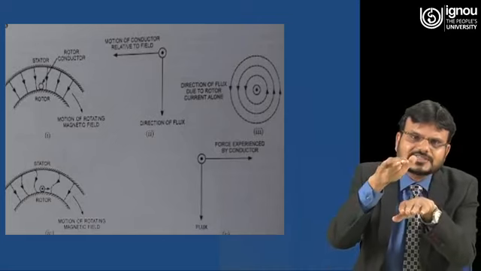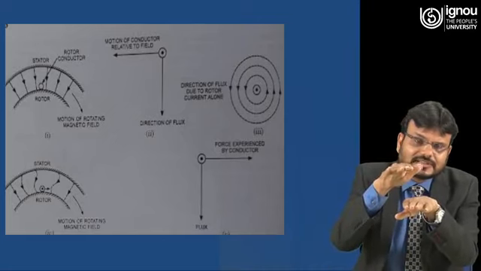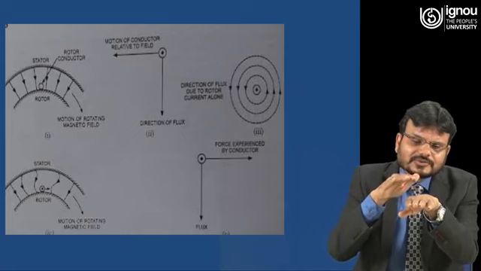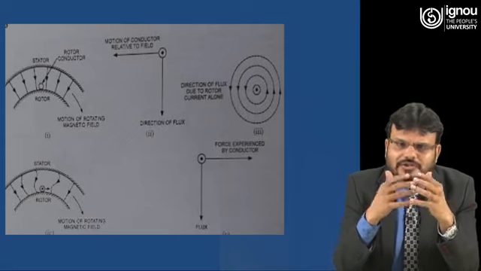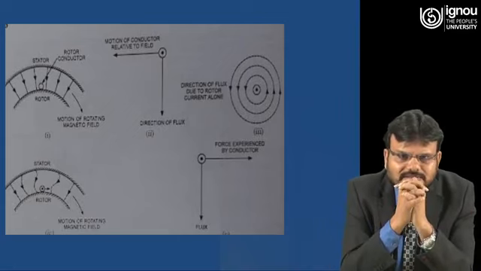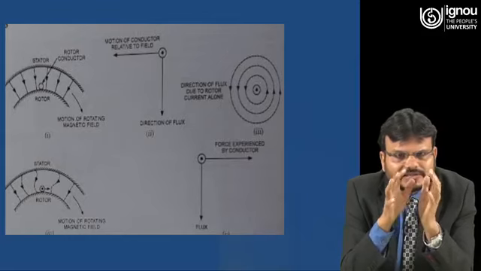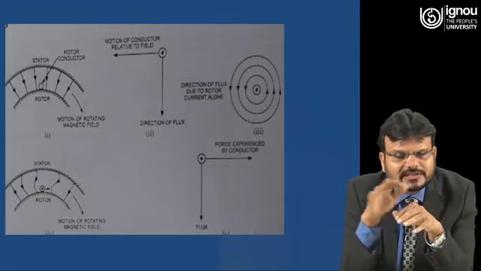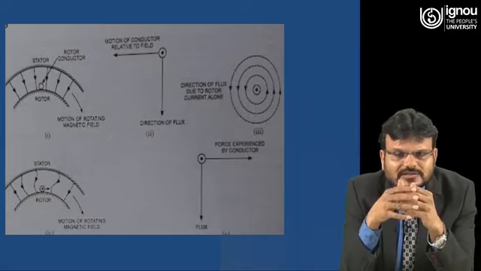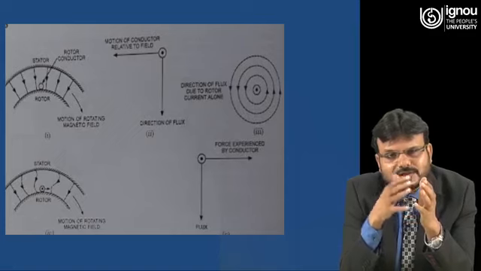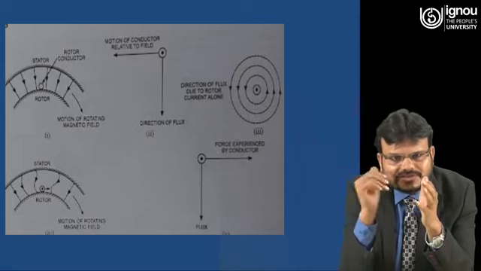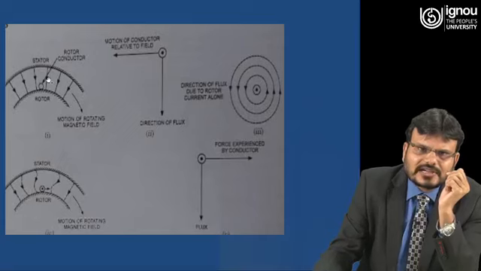Suppose you are sitting in a stationary train and another train is moving; you feel like your train is moving in the direction opposite to the other train. Similarly, this flux is moving in this direction, so it feels like the rotor is moving in this direction.